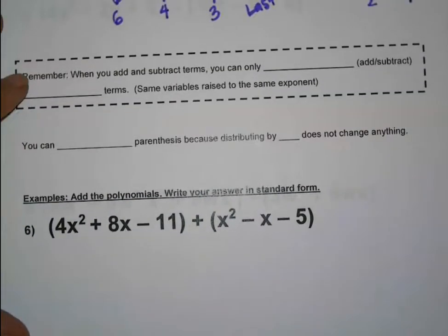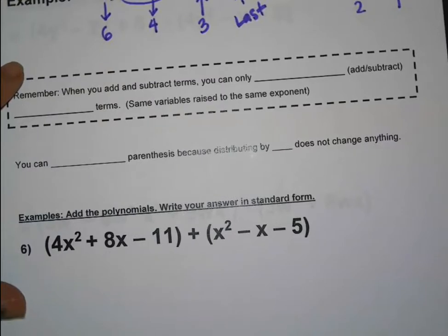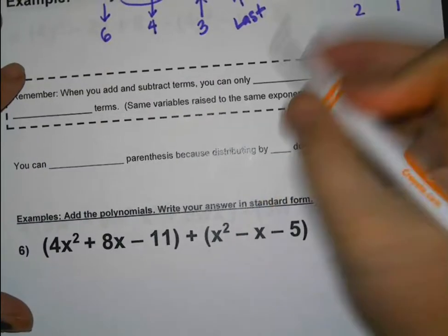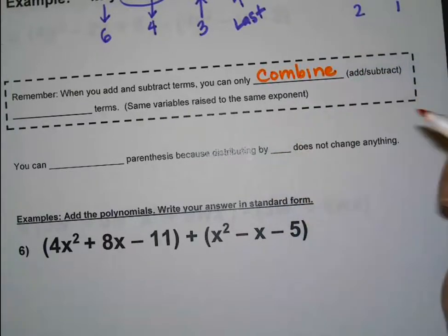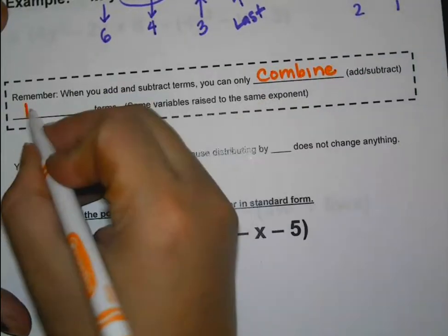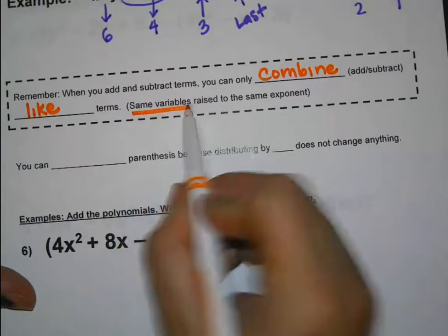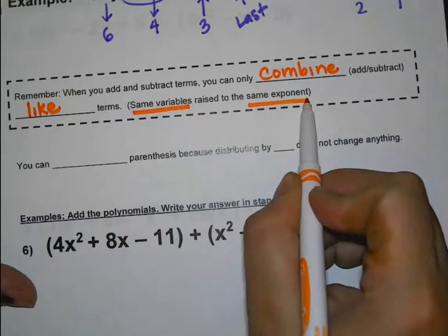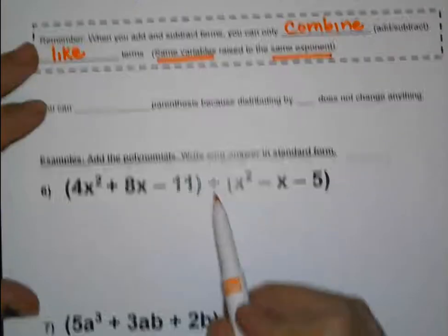Well, we have to remember from Algebra 1 that when we add or subtract terms, we can only combine them, so put them together, add or subtract, if they are like terms. So remember what that means. They have to have the same variable, same exponent. Okay, so if we're doing a problem like this, this is what this is saying.